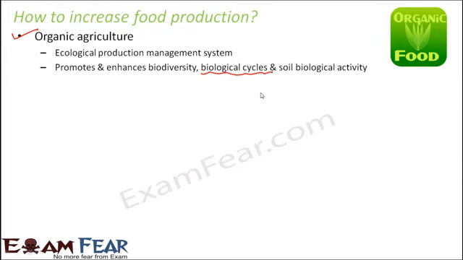Now, when I say biological cycles, there are certain cycles. Like you would have heard of life cycle, right? What is a life cycle? It is nothing but a series or a sequence of changes that an organism undergoes returning to the starting state. Like every organism will undergo a series of changes.